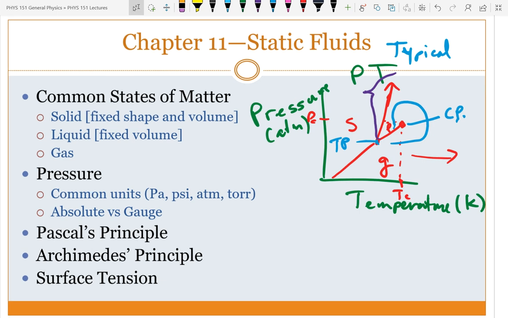Okay, so we have those common states of matter. What are a couple less common but still states that you see all the time? What kind of state do you have in not an incandescent, in a fluorescent light bulb?